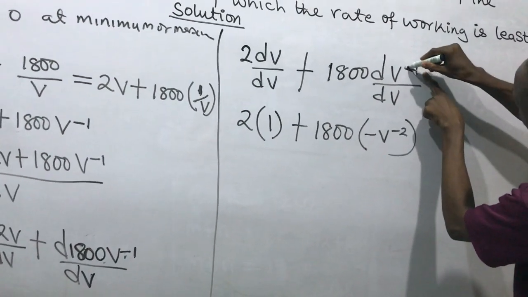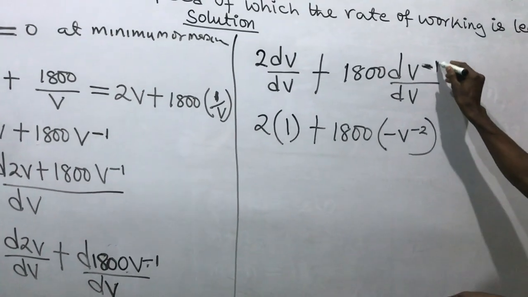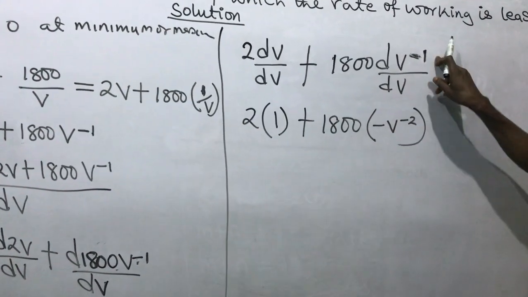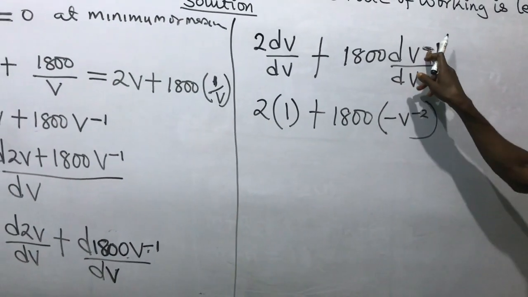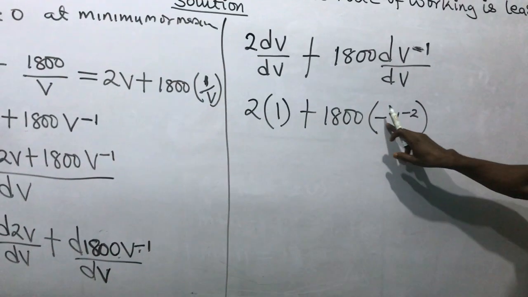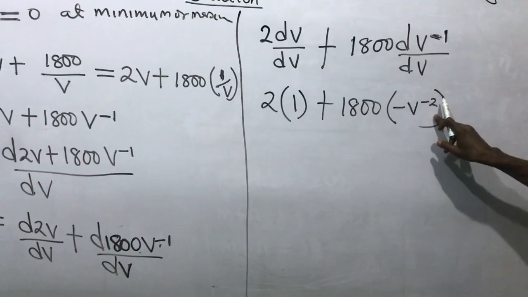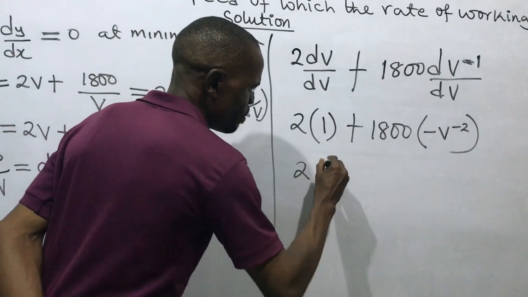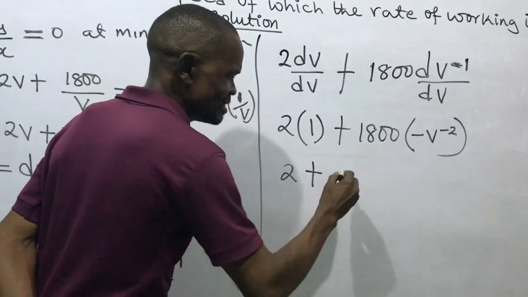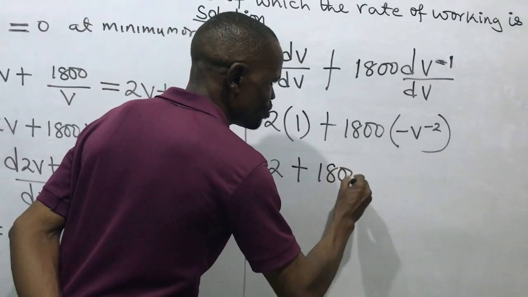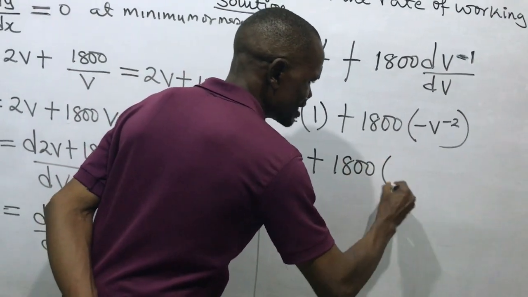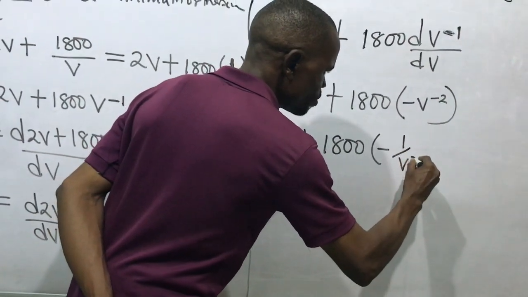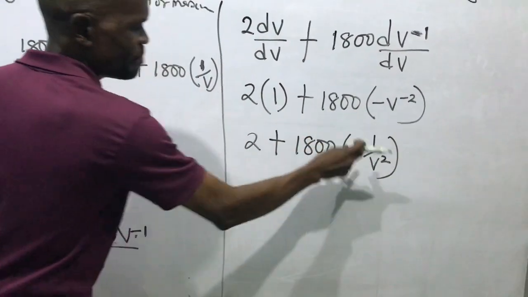I use the power minus 1 to multiply V, giving minus V, and subtract 1 from the power, giving minus 2. Then I will have 2 plus 1800 times minus 1 over V raised to power 2. This can be written this way.